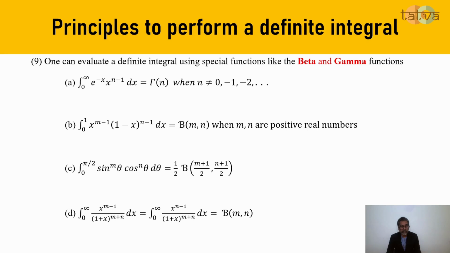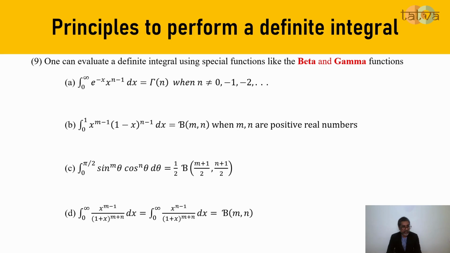Gamma n is a symbolic representation of the answer. So gamma n, which is written as the integral from 0 to infinity of e power minus x, x power n minus 1 dx, can be remembered as a gamma integral also. And this gamma n has some properties which I'll be sharing in my next screen.